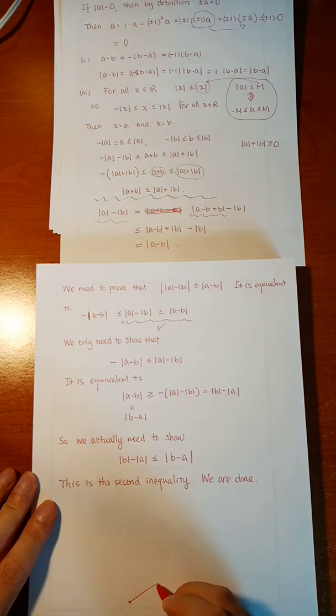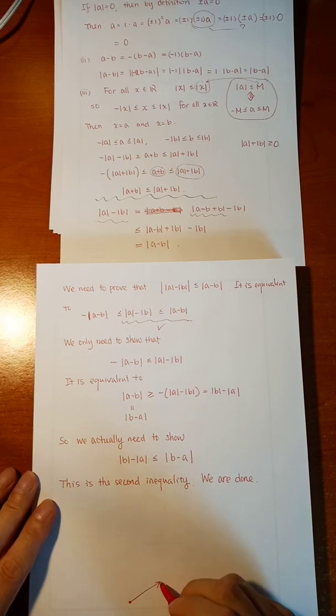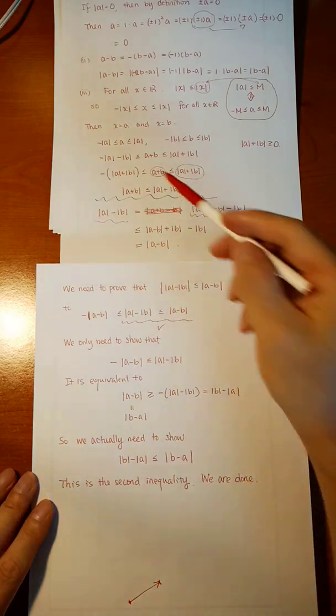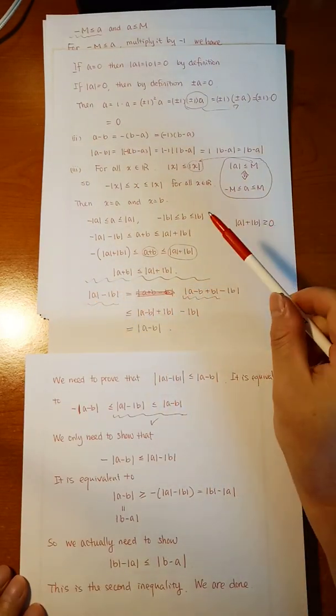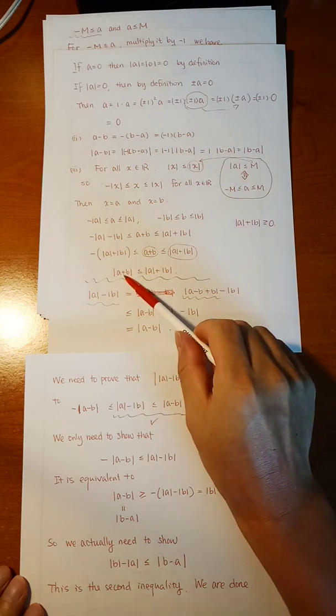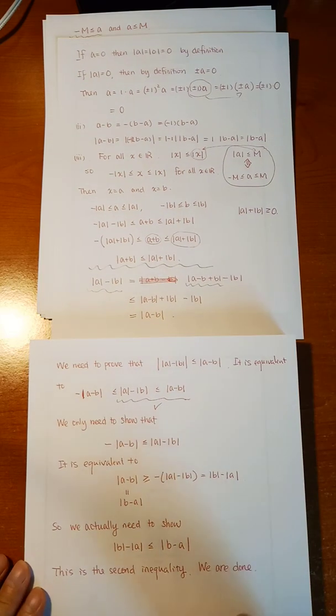A vector is a segment with a direction, with an initial point. And the absolute value is actually the length of this segment. The addition here, because we use addition, addition is actually this way.